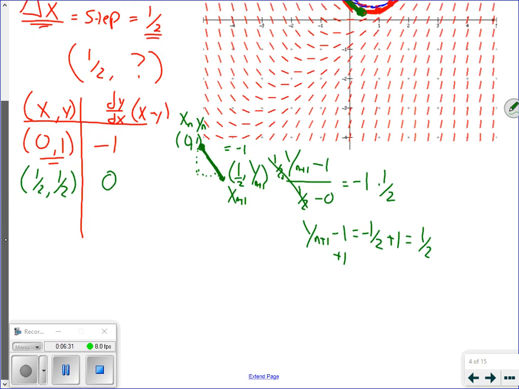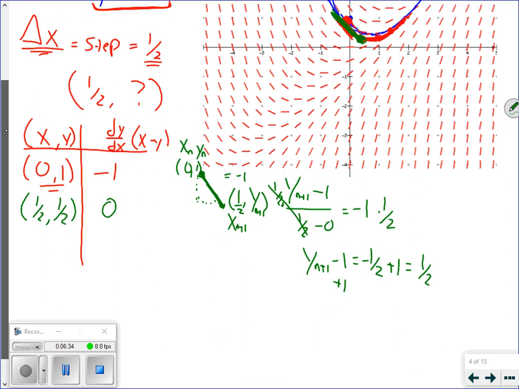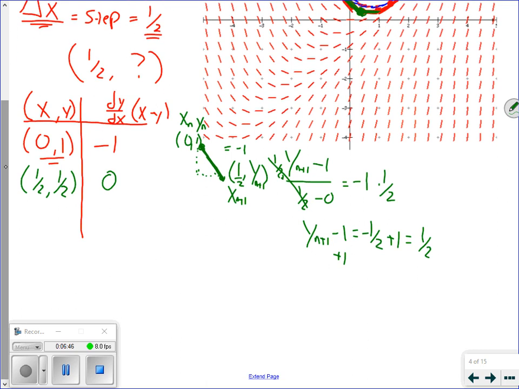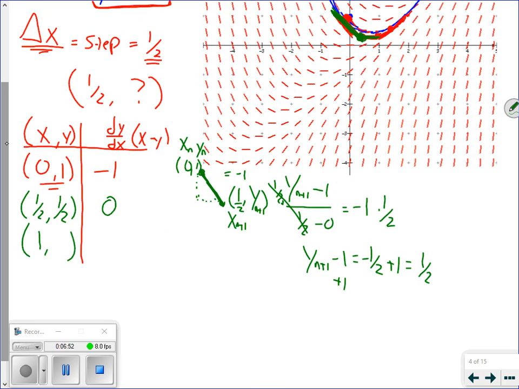So if I have a slope of 0, I'm not even going to draw out this whole equation again, because a slope of 0 means my line goes horizontally to the next point. So let's say I want to use that slope of 0 to approximate the next step up, at 1. Well, if I have a horizontal slope going to the next point, it's going to share the same y value. So this next y value is simply 1/2.